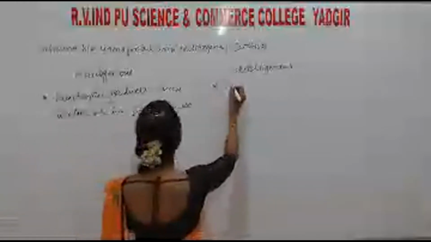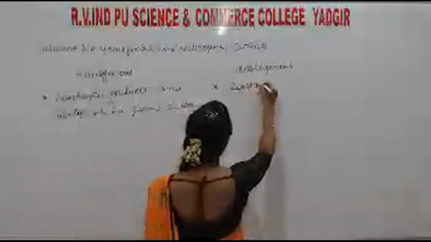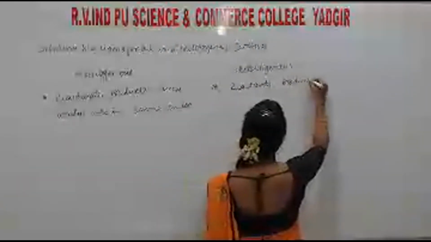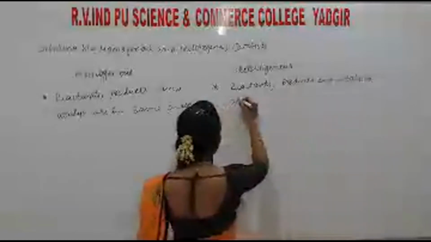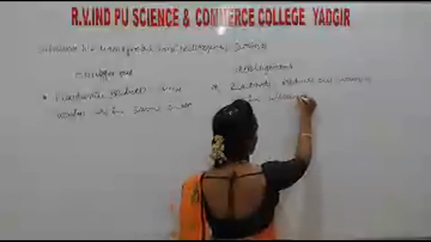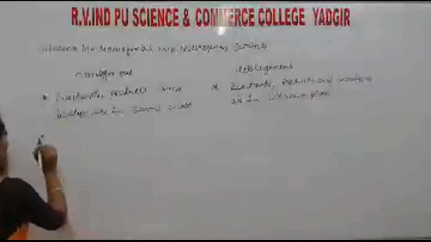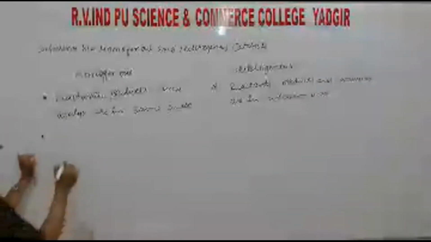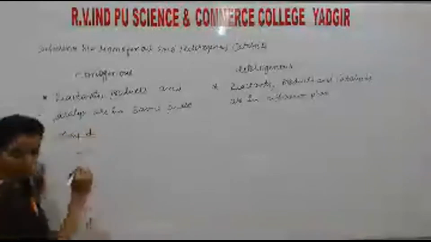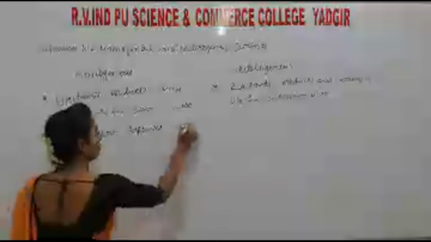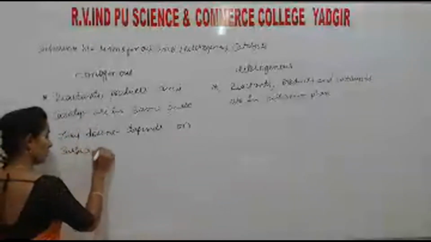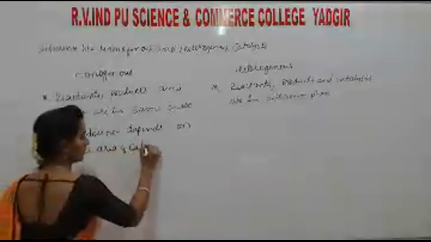Next, here, the reactants, products and catalysts are in different phase. Different phase. Okay. Next, second one. They do not depend on surface area of catalyst or size of the catalyst.